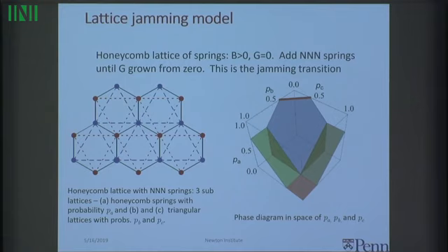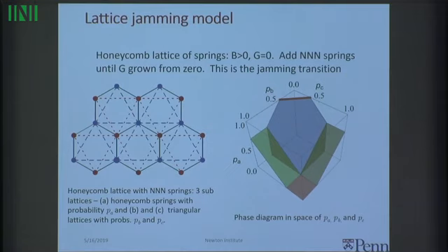So what we'll do is to take the honeycomb lattice again. The honeycomb lattice without the next nearest neighbors has a non-vanishing bulk modulus, but the two shear moduli are 0. Then I can add next nearest neighbor forces, and notice that when you do that, you get two triangular lattices, which are sort of orthogonal to each other.